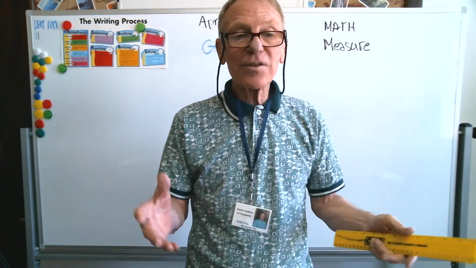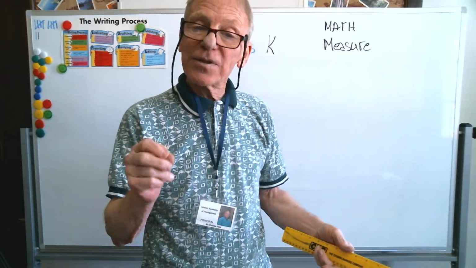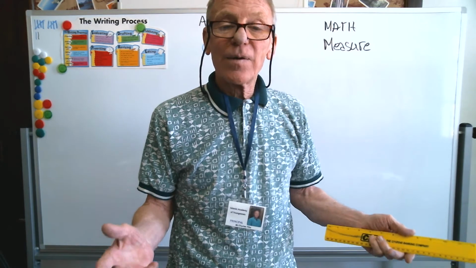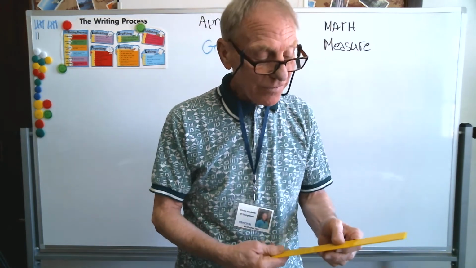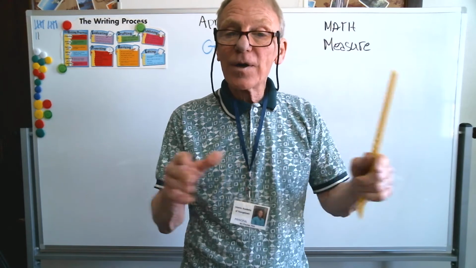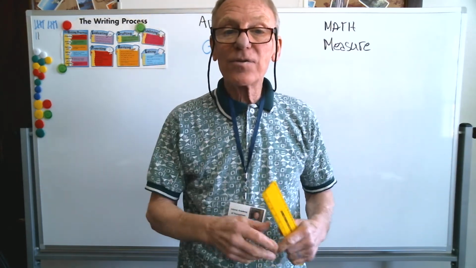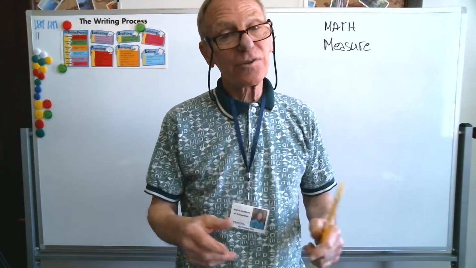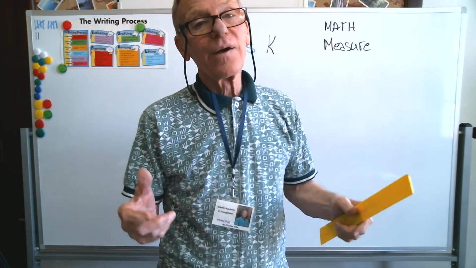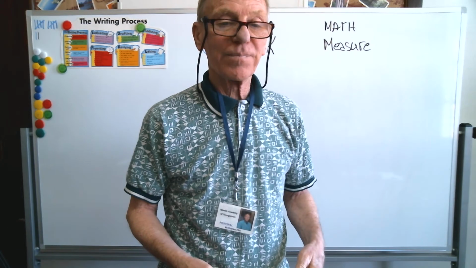And everything that gets measured has something specifically used to measure it. For now, it's enough to know that a ruler is how we measure lengths and heights, and a scale is how we measure the weight of something.